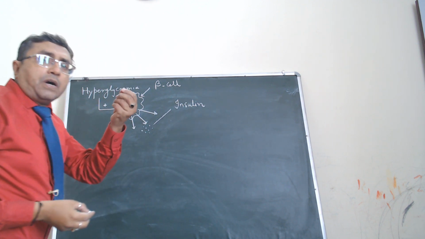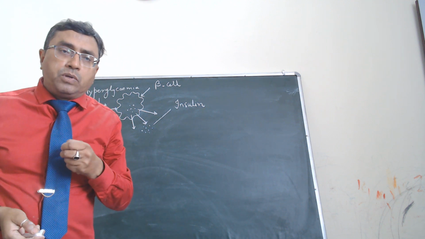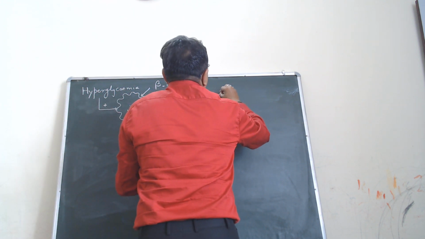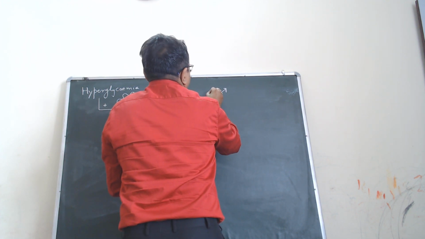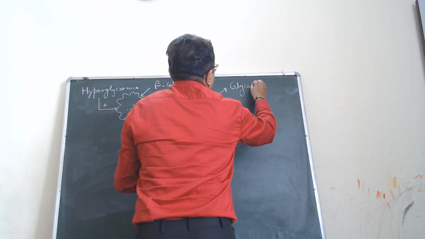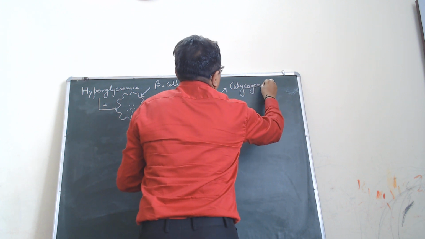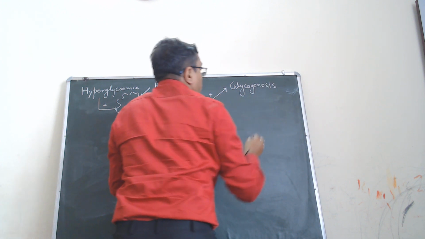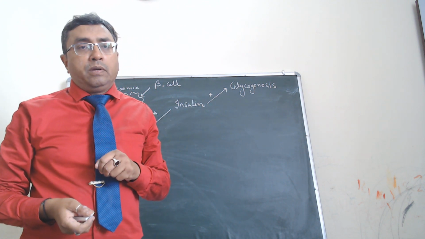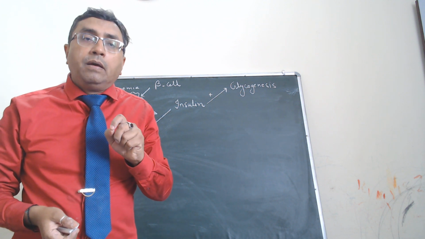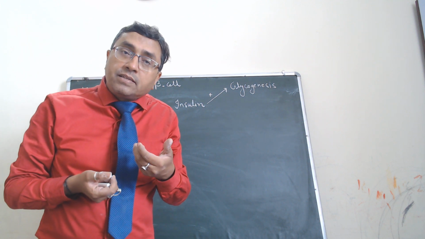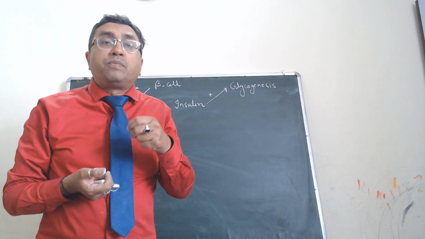Now the basic function, what are the important functions of insulin? A brief description. Insulin stimulates glycogenesis. What does it mean? Synthesis of glycogen from glucose. It is potentiated by the stimulation of glycogen synthase enzyme under the influence of insulin.